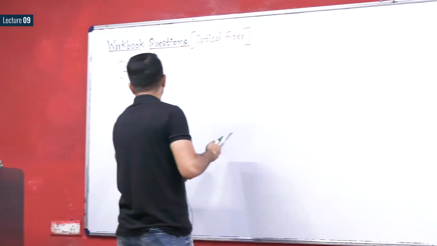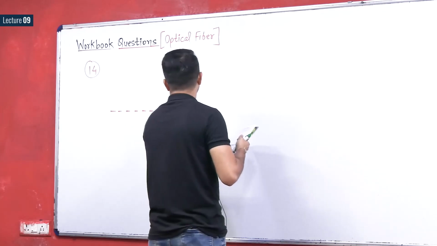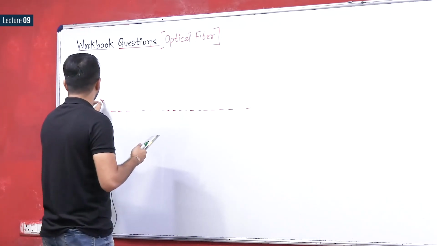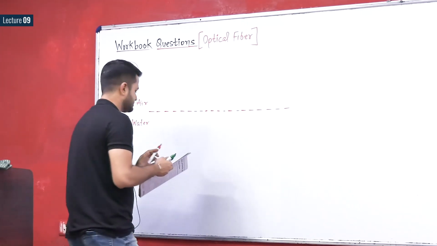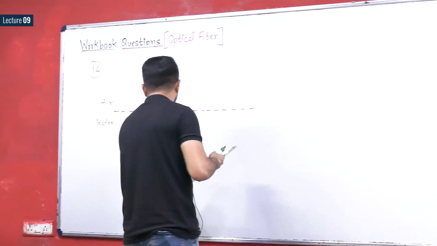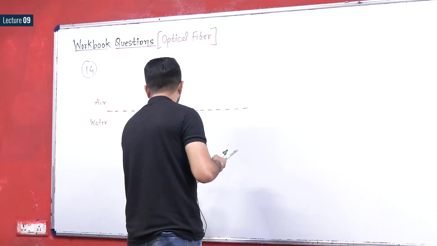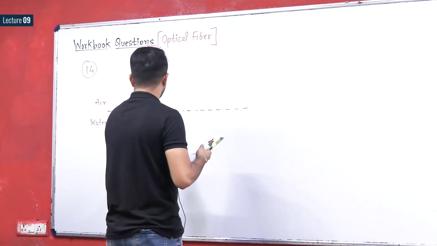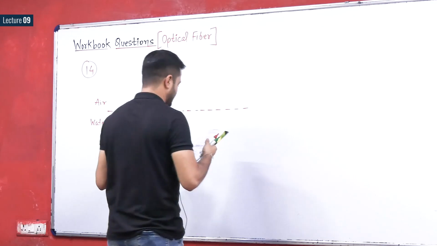So it is given that this is the boundary or the interface which is separating the two medium, that is air and water. Now this is the normal, and here the light source is placed. This is the light source. It is given like this.